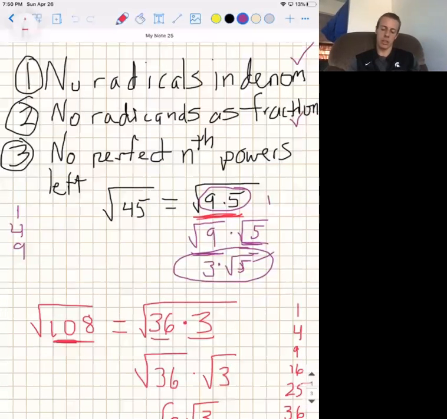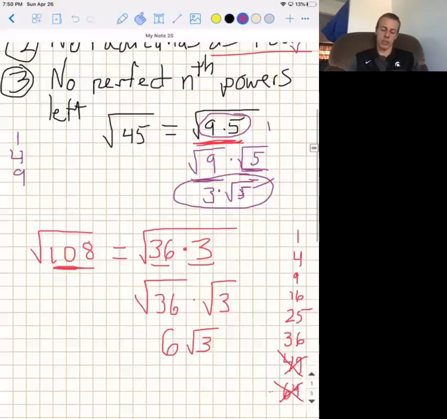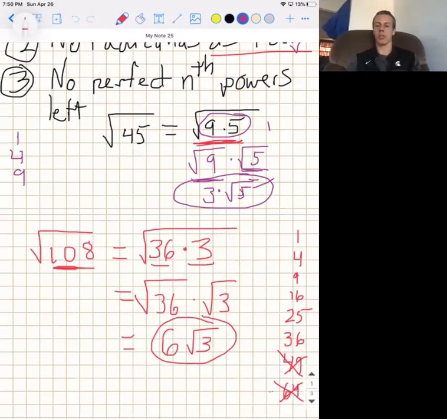There's no fractions. And then we just have to look at, are there any perfect squares that are factors of 3? Well, 3 is prime, so this would be our simplest form, okay? So all of these statements are equivalent, and we just wrote it in what's called simplest form there, okay?